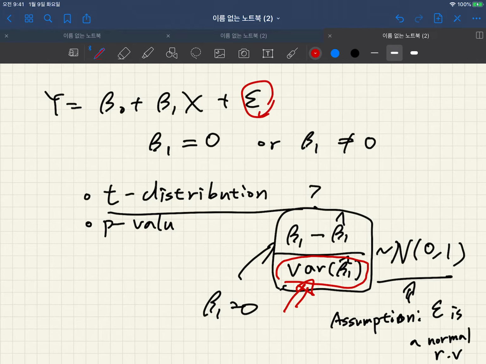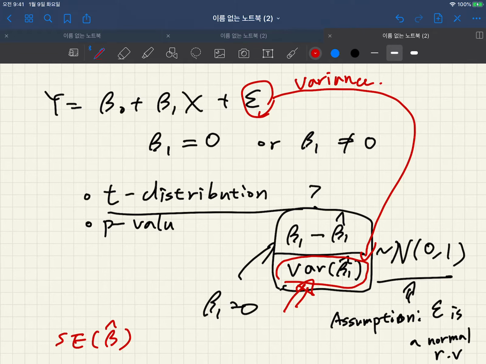So we have to guess. We have to estimate it from the standard deviation of the model. From the training data and your trained model, you can understand the standard deviation of beta 1 hat empirically. Unfortunately, there is some error.